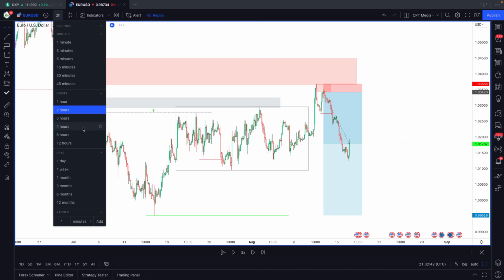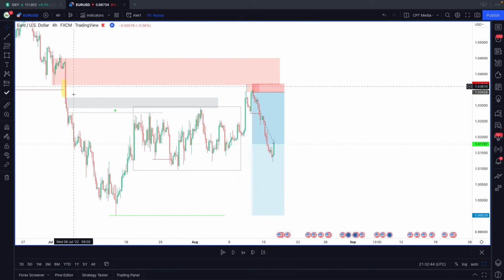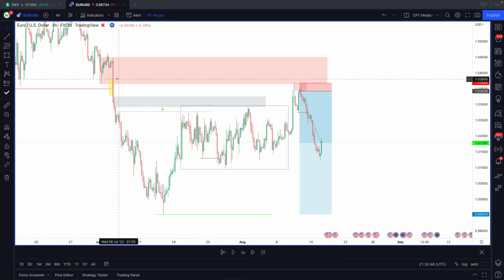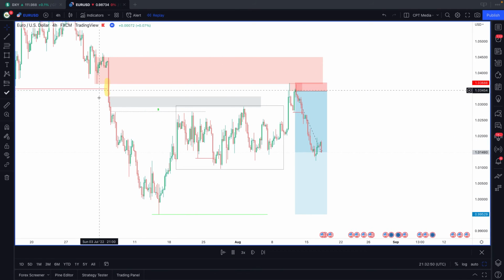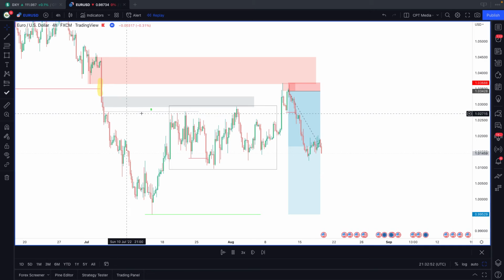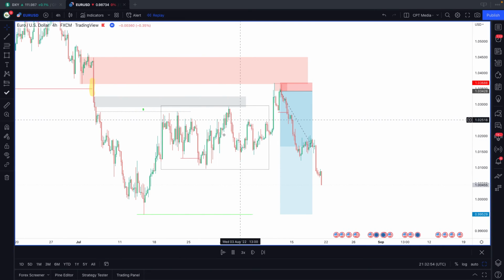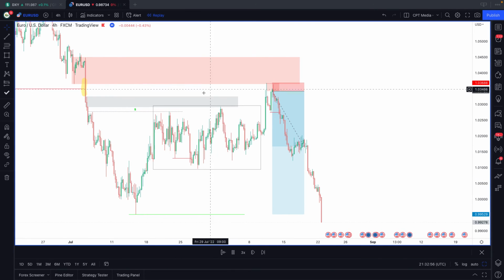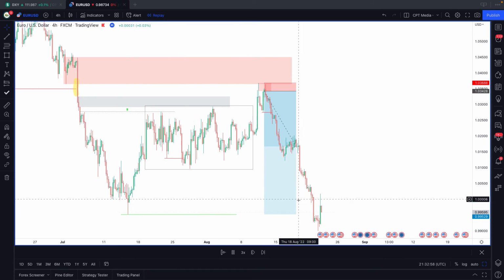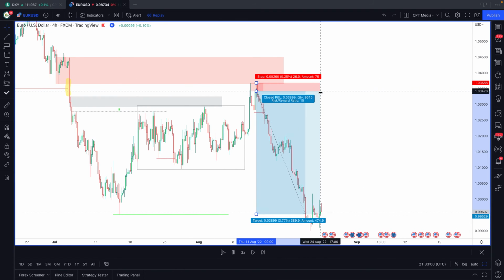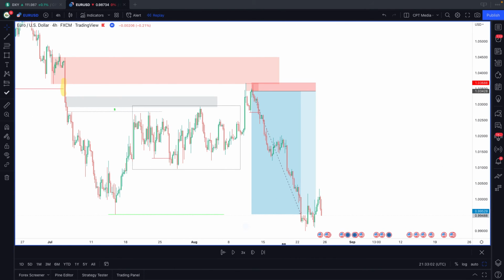Let's do 4 hour. Clear the zone, come into the prominent supply region that broke the structure point, and then create equal highs, consolidated, induced enough liquidity into the market, stopped everyone out, come to the main point, and then gave you low time frame confirmation for the real move to take place.